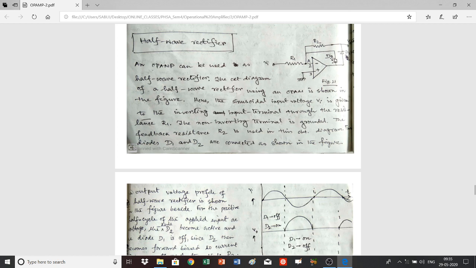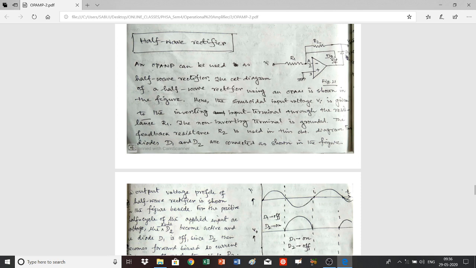For the positive half cycle, diode D2 will be active and D1 will be in the off condition. So D2 will be on and D1 will be off, so no current will pass through D1, and the current will pass through the diode D2.